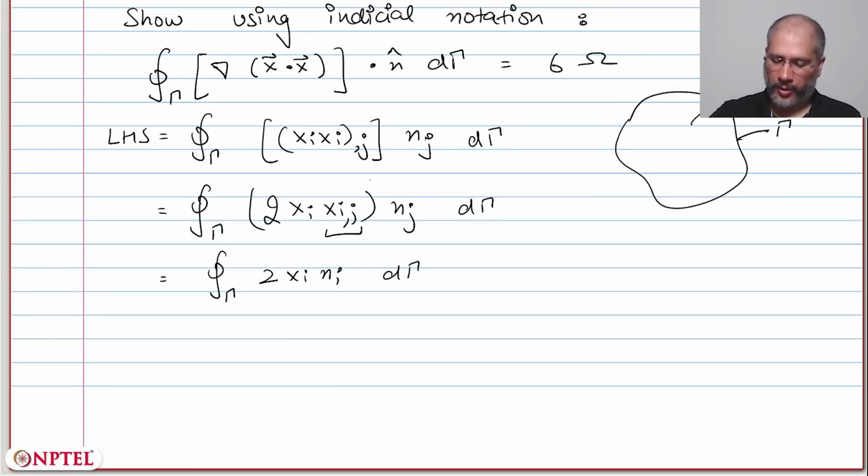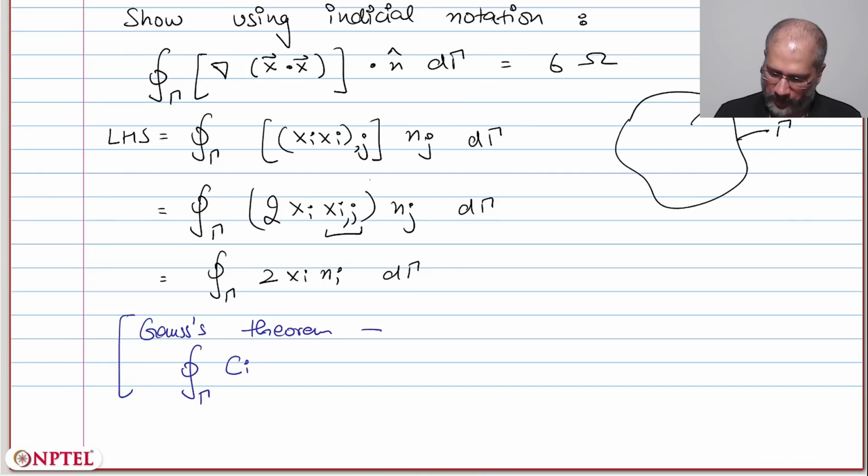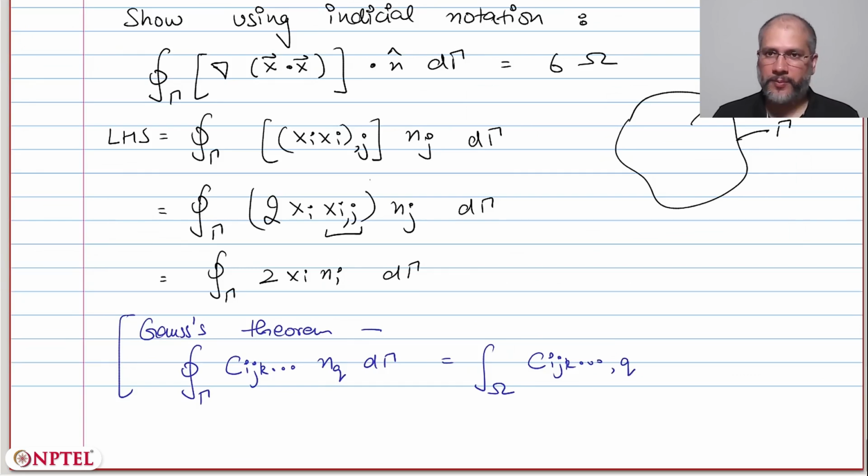So let's recall Gauss's theorem. Gauss's theorem said that if you have a surface integral of a tensorial quantity of nth order, Cijk dot dot dot, times nq times d gamma, this becomes a volume integral of the same quantity Cijk dot dot dot, but this time comma q.